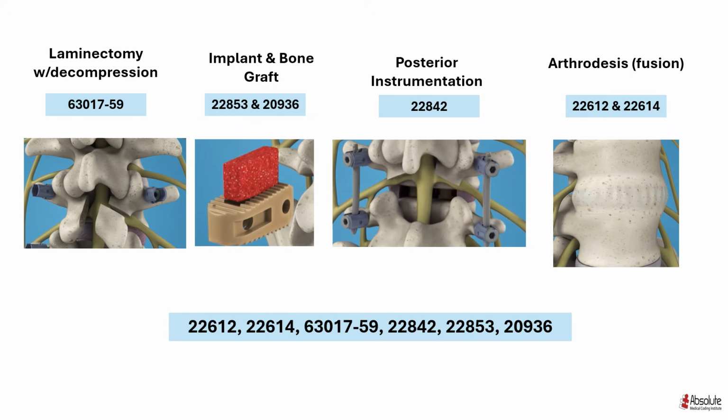And if I had my way, I would append 51 modifier, but that's not here or there. This is what AI says, but I say 51. 22842, 22853, and 20936.